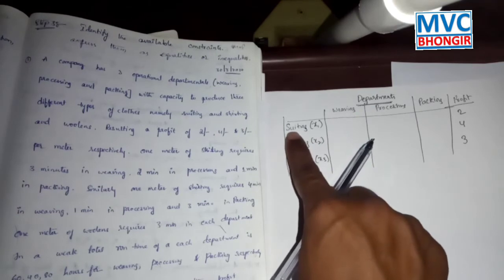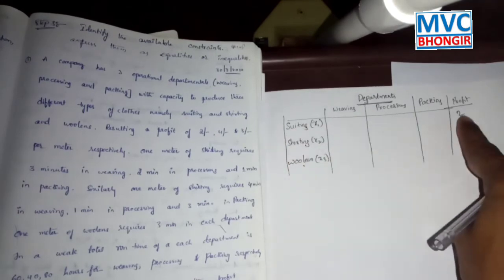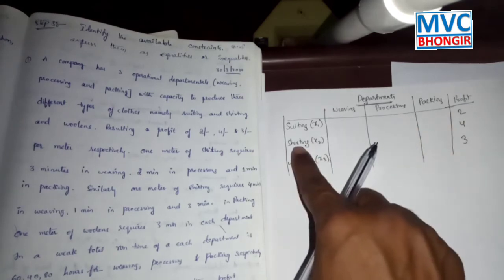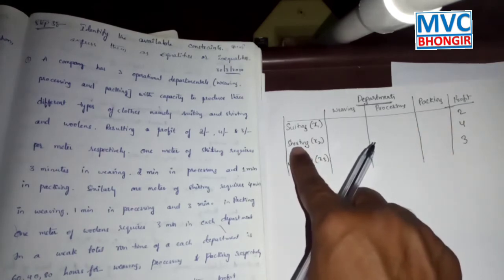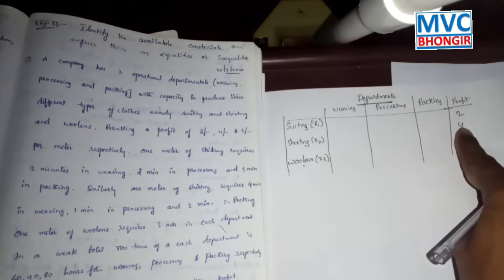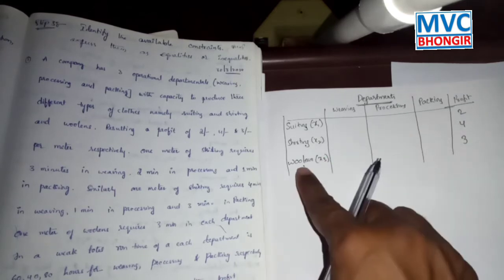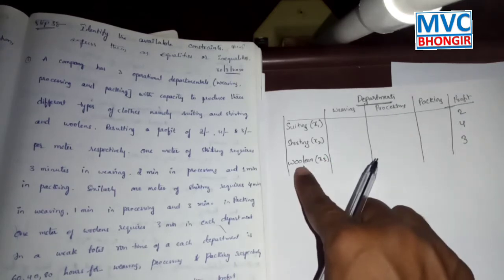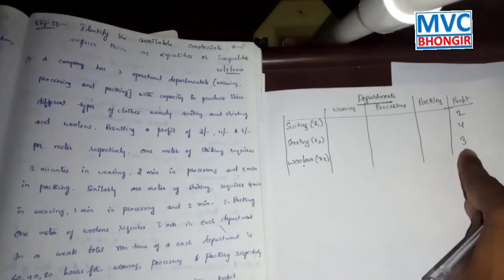So producing a meter of suiting cloth gives 2 rupees profit, shirting cloth 4 rupees profit, and woolen cloth 3 rupees profit.